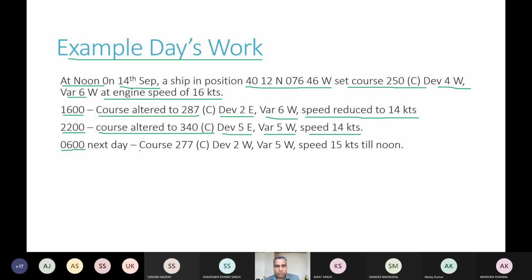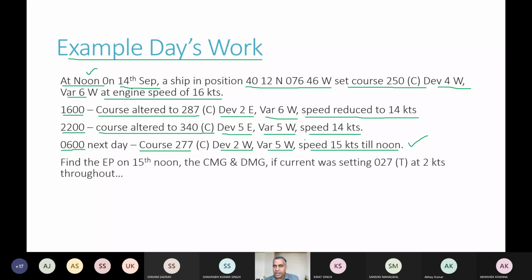At 0600, the course is altered to 277, deviation 2 degrees west, variation 5 degrees west, speed is 15 knots till the next day noon. So these are all the courses and speeds maintained by the ship from one day noon to the next day noon. This is how the question will be given to us in a text format.